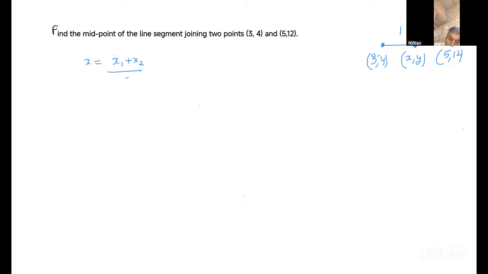X1 is 3, x2 is 5, so it becomes 8 by 2, which is 4. I got the value of x as 4, and the y value is (12 plus 4) by 2, which is 16 by 2, which is 8. So I got x comma y as 4 comma 8.